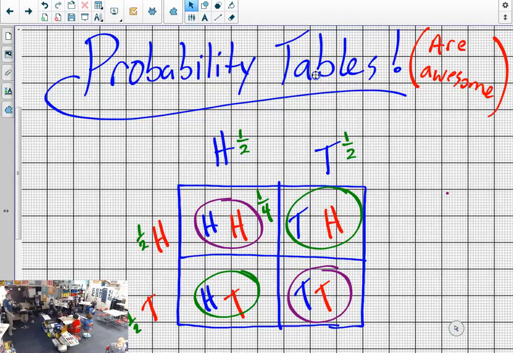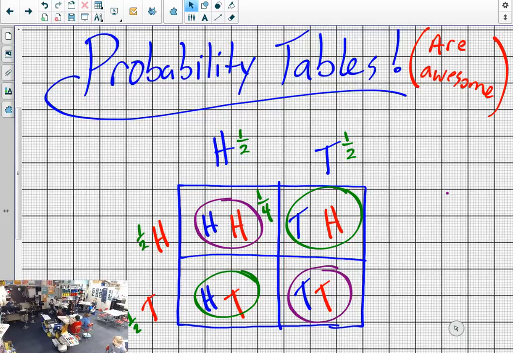Questions? So, we're trying to move quickly. Does one coin's outcome affect the other coin's outcome? No. Now, what would we call that?